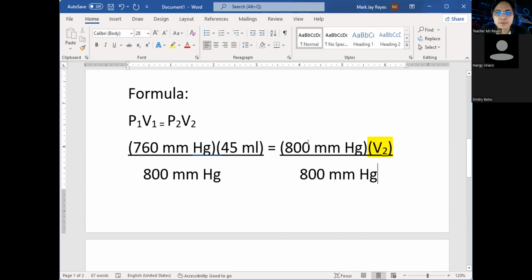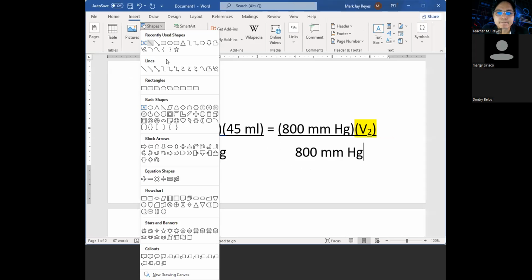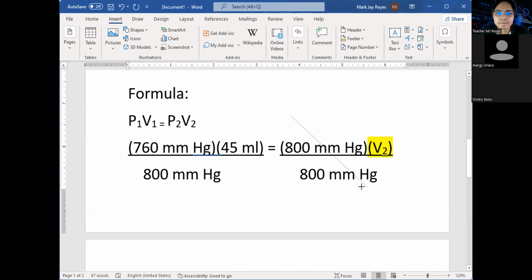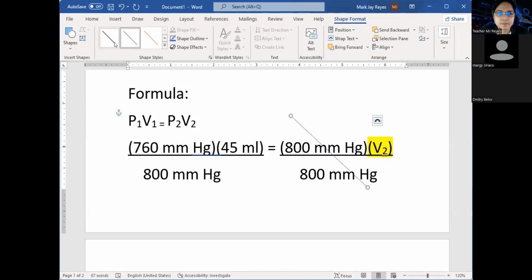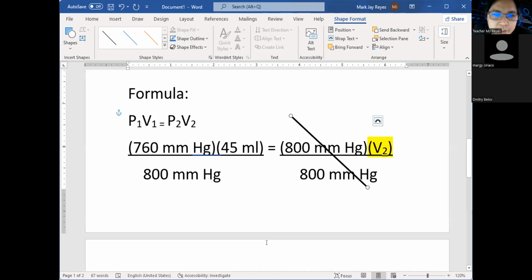The next thing to do is to cancel 800 millimeter of mercury.